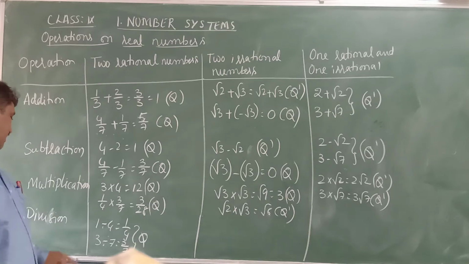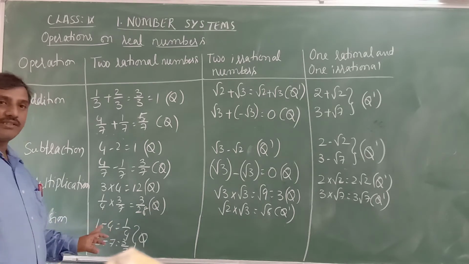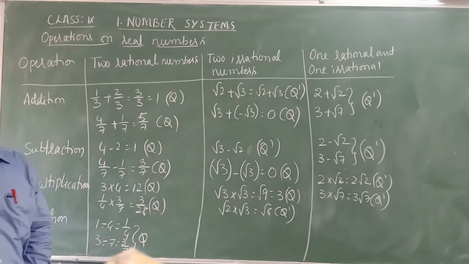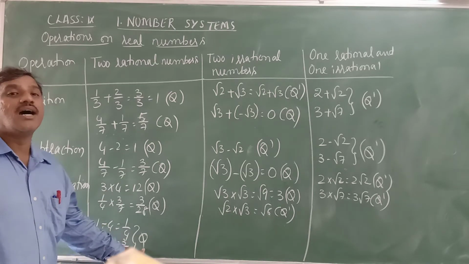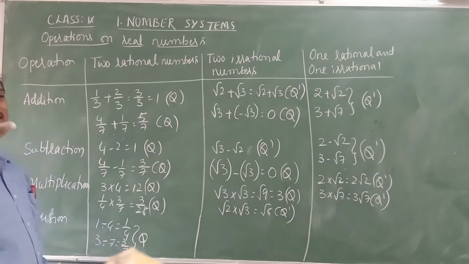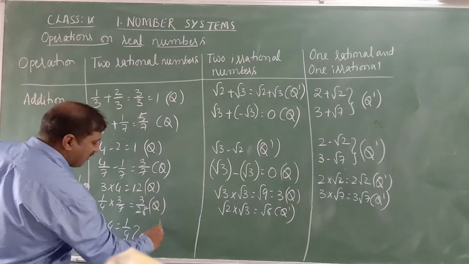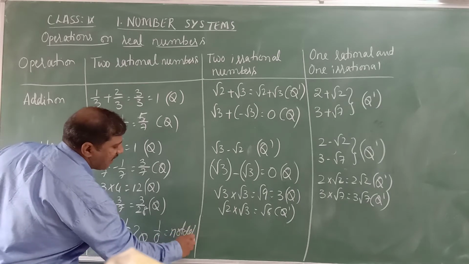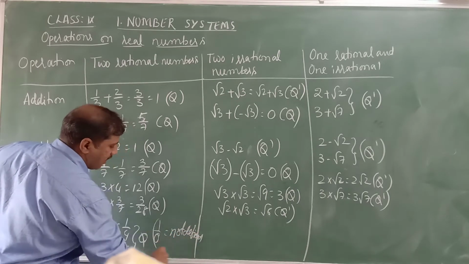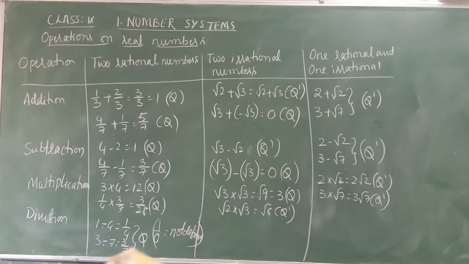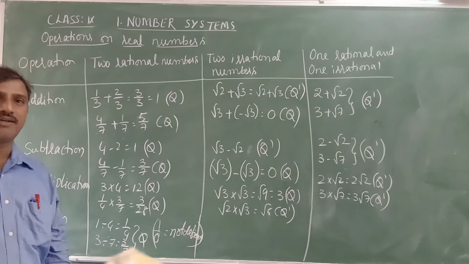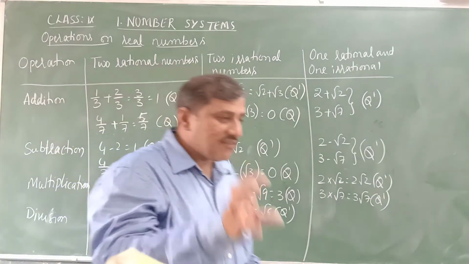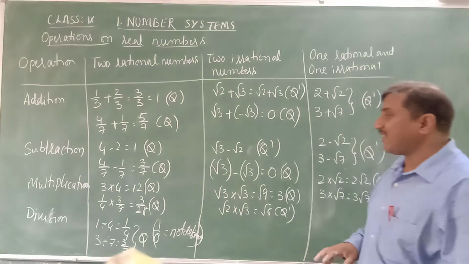The quotient of two rational numbers is always a rational number, except for 0. If you divide 1 by 0, it is not defined. So except for 0, the division of any two rational numbers is always a rational number.